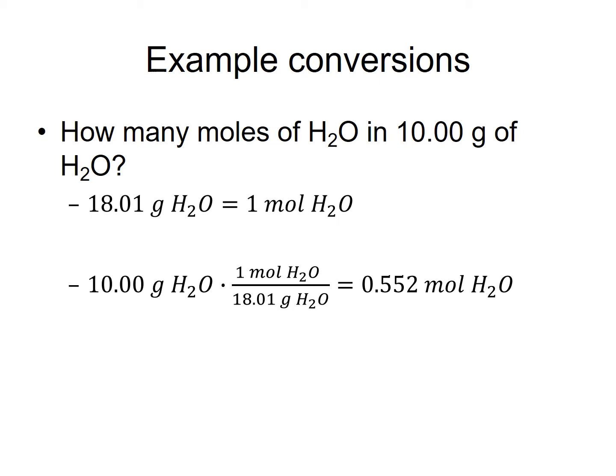And just remember how this works. This equation goes into a conversion, and we choose the conversion with one side in the denominator and one side in the numerator. We choose the conversion in such a way that we get units to cancel. And our final unit of the answer is moles of H2O. And so we've answered the question essentially as a unit conversion.